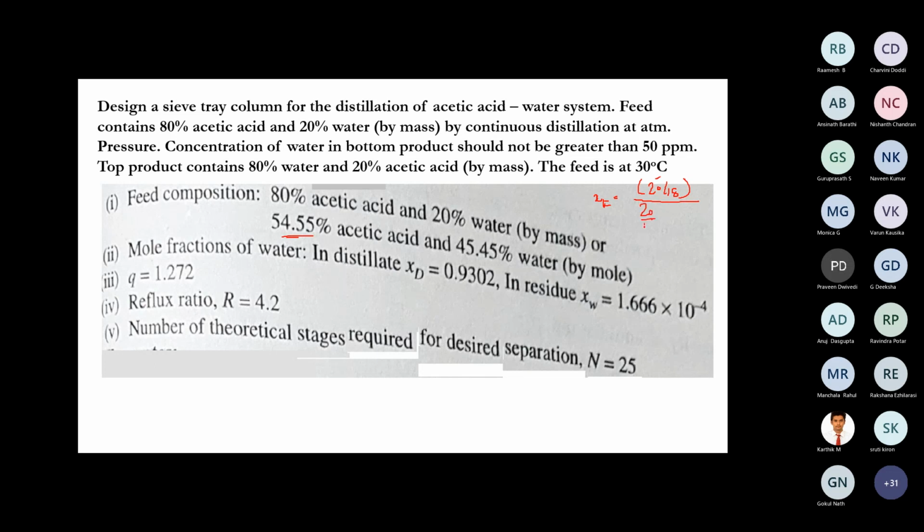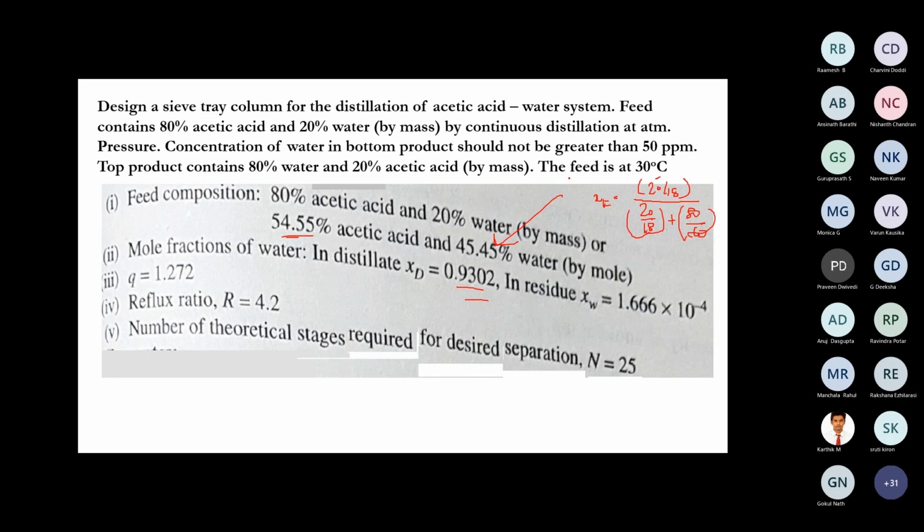So 20 by 18 plus 80 by 60. You can calculate this value, that is 0.4545. Similarly, XD you can calculate, that's around 0.9302.